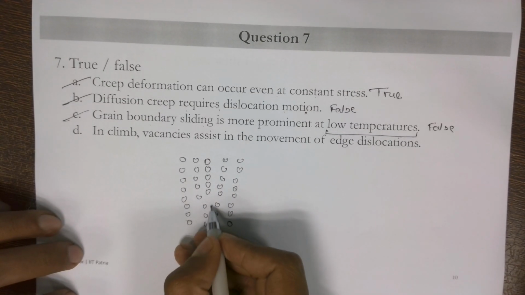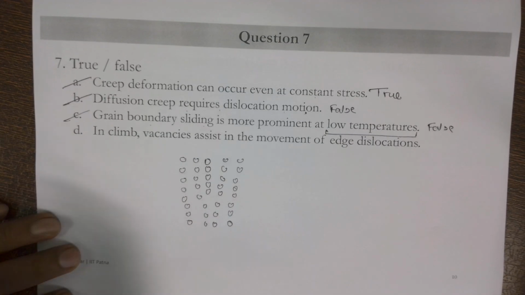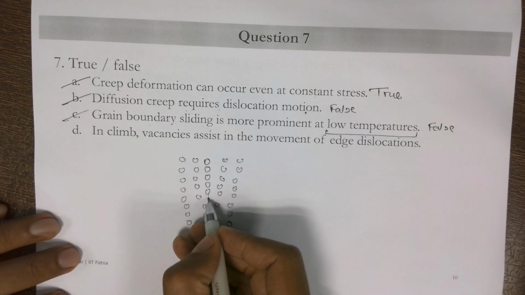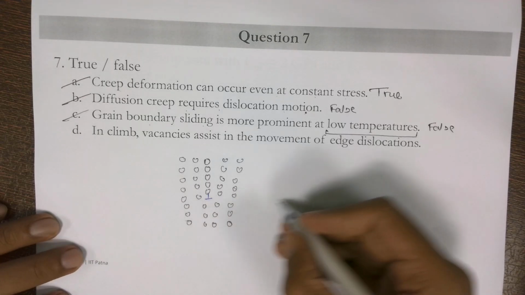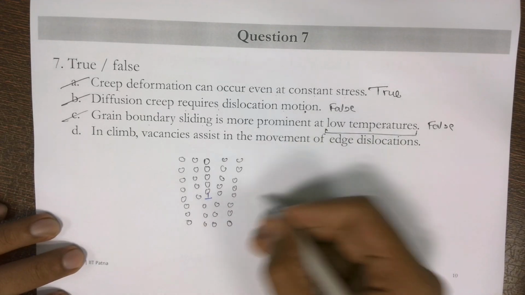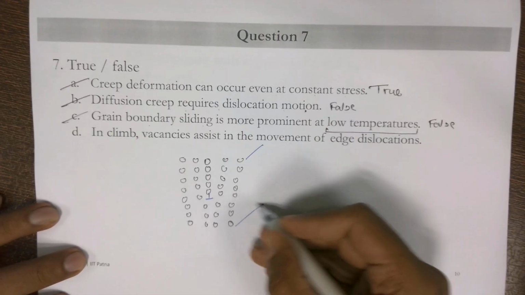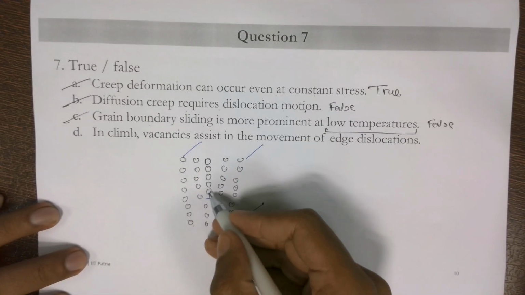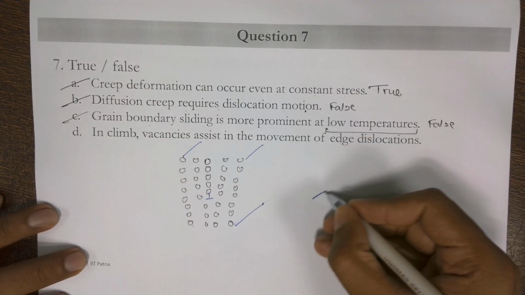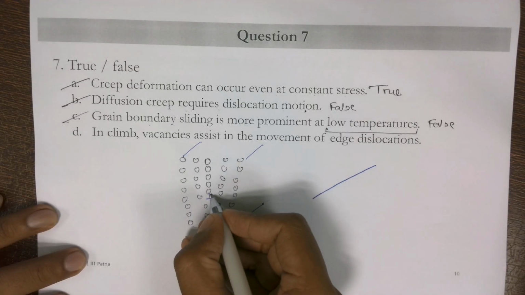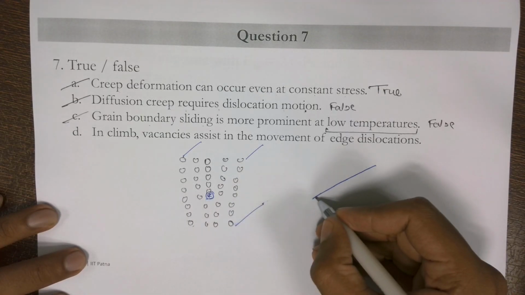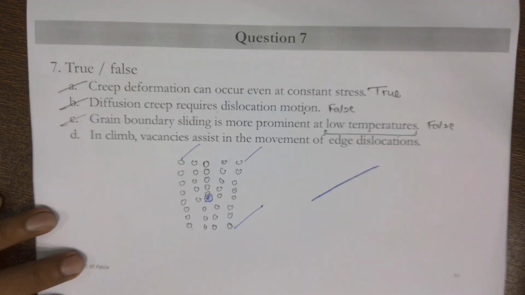Here there are no atoms, right? Now, let's say this is the dislocation. It is not only like this. If I go behind, there is also an array of atoms there, so my dislocation is there too. If I see from this direction, it will be like this.